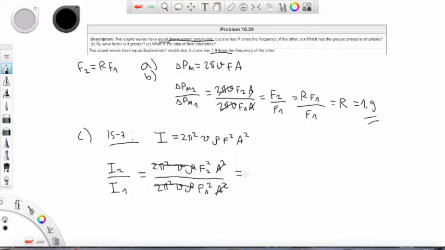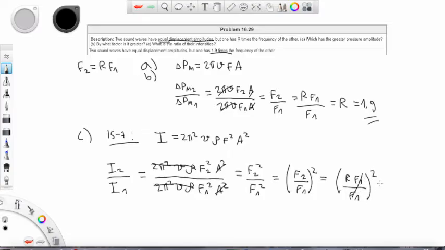So we are left with F2 squared divided by F1 squared, which is the same as F2 divided by F1, squared. And what is F2? We know from the beginning it's R times F1. So this becomes R times F1 divided by F1, the whole thing squared.